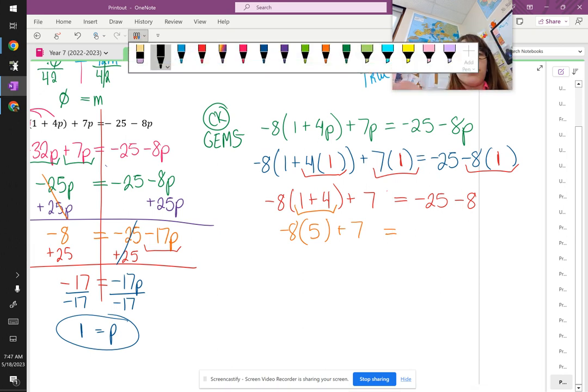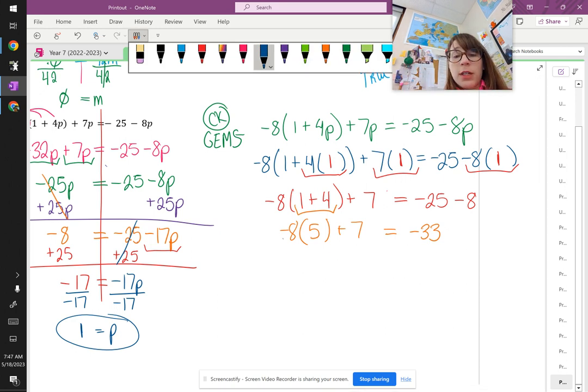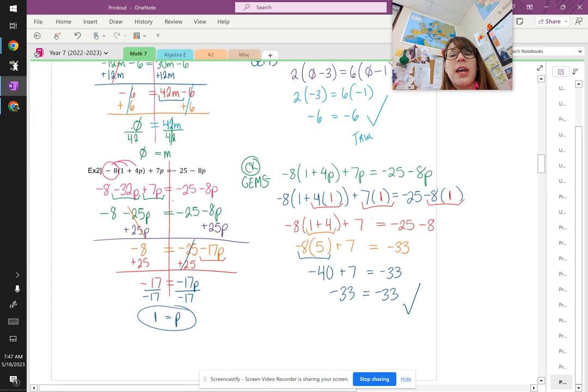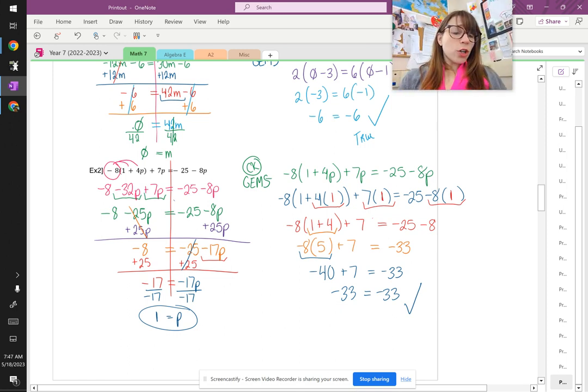We're just simplifying. Negative 25 minus 8 is going to be a negative 33. Keep going over here. Negative 8 times 5 is a negative 40. Negative 40 plus 7 does turn into negative 33. Therefore, negative 33 is equal to negative 33, and our statement is true, meaning we solved the equation correctly.